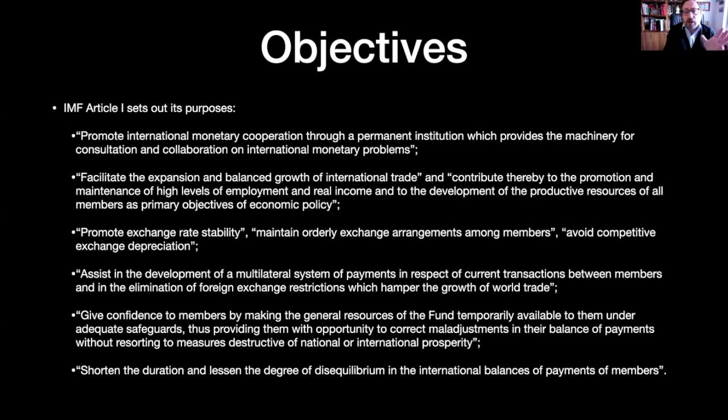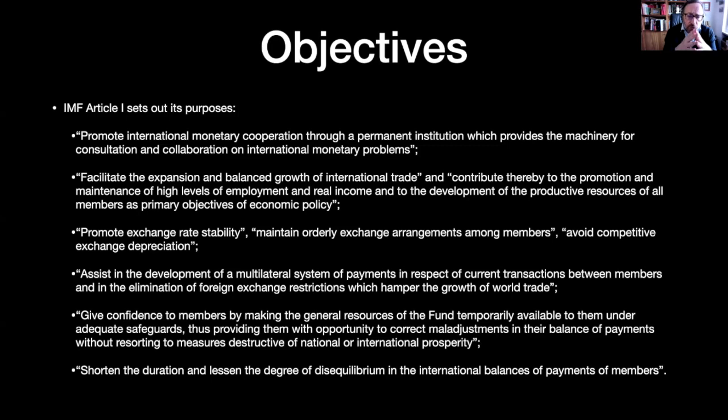Okay, Article 1 of the Articles of Agreement provides a number of goals. I will not go through these, but you can see here a multitude of goals. So international monetary cooperation, again the idea that stable monetary relations help promote trade and investment and thus economic growth.